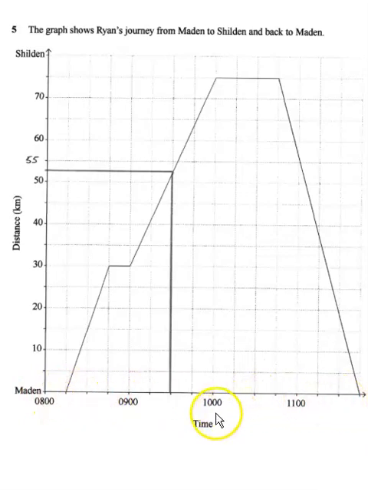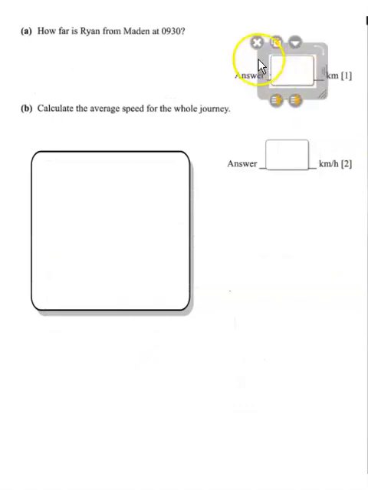Each square here would be 15 minutes. So 9:30 would be here, and you would draw a line going up and across. Once it hits this line, it's between 50 and 55 kilometers, halfway between those two. So the answer to that one would be 52.5.